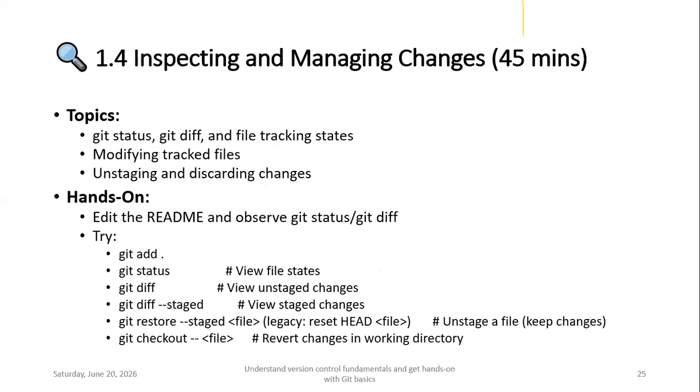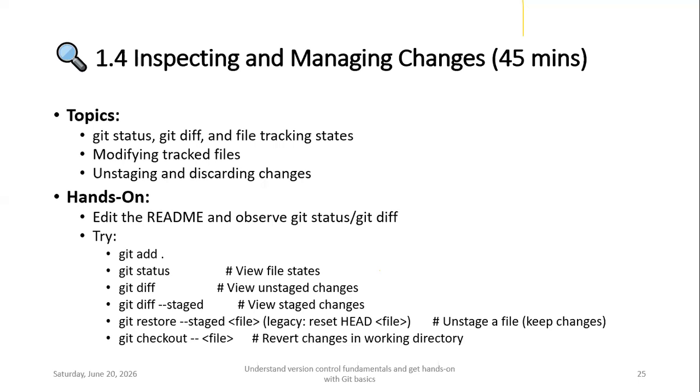I didn't show you git restore --staged if you want to unstage a file, but there is another command which is git checkout -- then the file name, if you want to revert changes in the working directory.